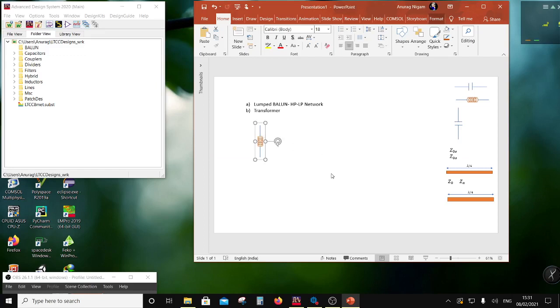A transformer would have a primary coil and let's say two secondary coils, right? So let's make two small versions of this coil. Okay, something of this nature. So bear with me a little.